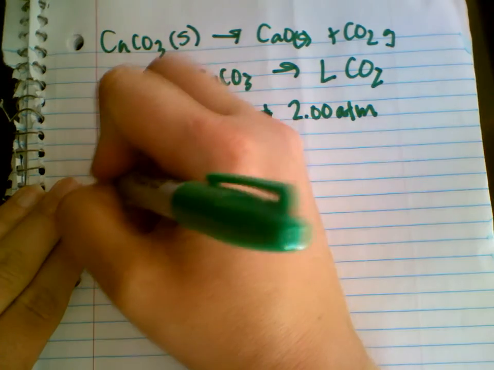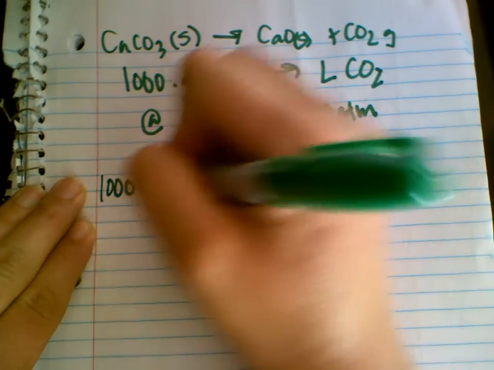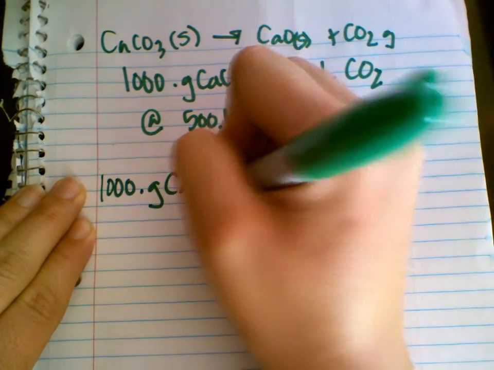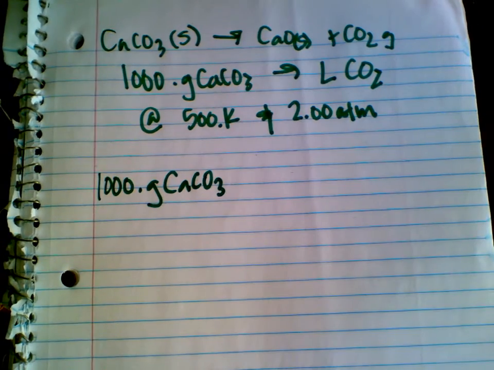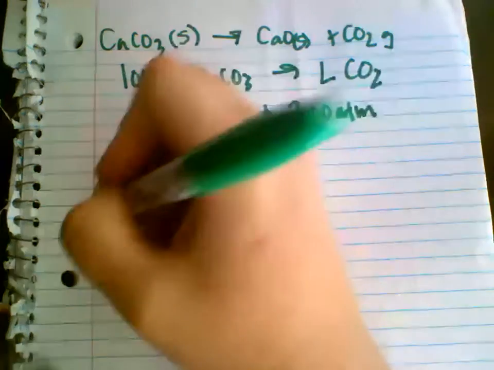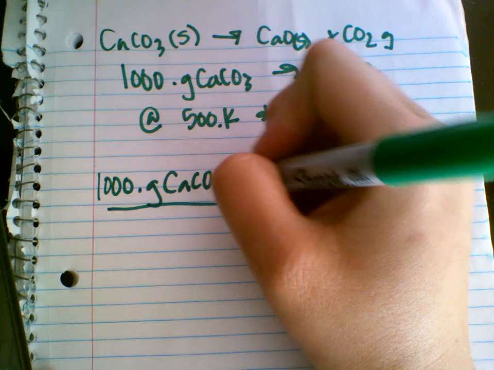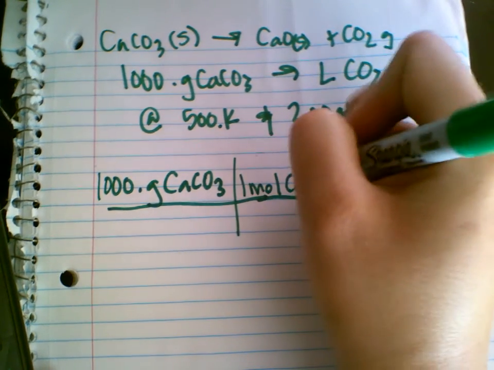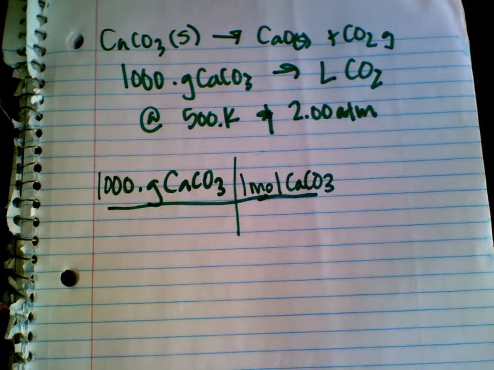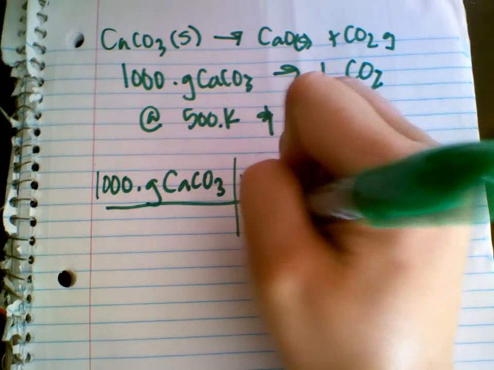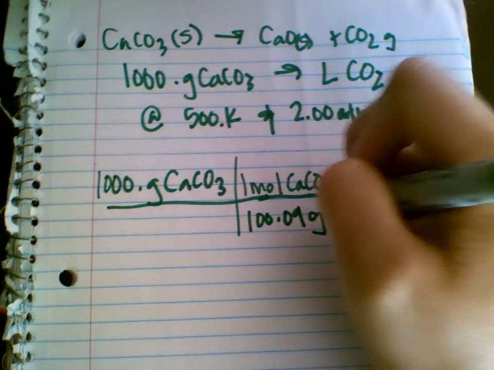So we're going to start with our 1,000 grams of calcium carbonate, and we're going to get this to moles by using the molar mass of calcium carbonate. And I'm just throwing that in a calculator because I don't do math in my head. And it's 100.09 grams.